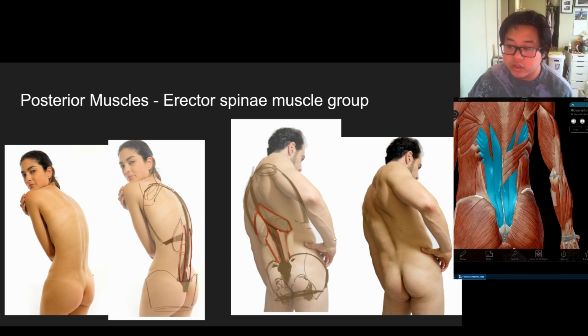They're really deep muscles, but I wanted to bring it up because they show themselves volumetrically on the visual surface. So this group of muscles is going to contribute to the forms that we're seeing here. Really clearly, we can see that it tracks alongside the vertebral column, and that's exactly what we're looking at in this diagram right here.